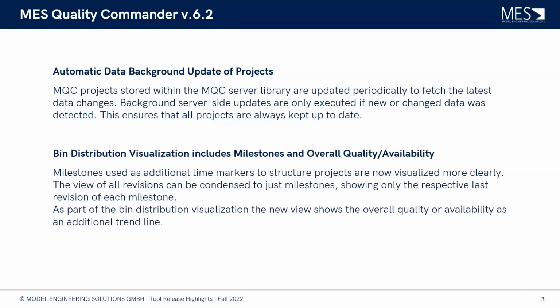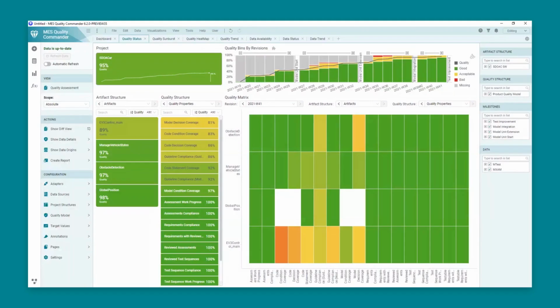Okay, so back to MQC. Hope you can see it now again. Yes, you may already have noticed the adapted look of the bin distribution chart before. To be honest, meanwhile, we don't want to miss it again because it really provides a benefit when trying to give an overview about all the revisions shown in MQC.